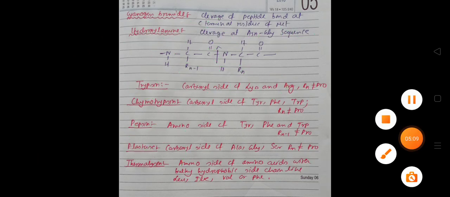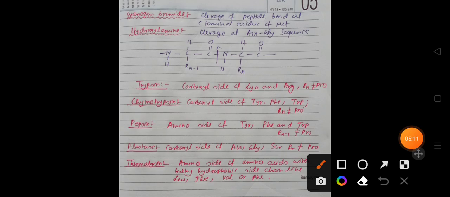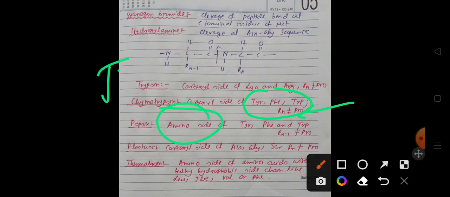Chymotrypsin similarly will cleave after the aromatic amino acids tyrosine, phenylalanine, and tryptophan, again provided that the next amino acid is not proline. Pepsin will cleave before tyrosine, phenylalanine, and tryptophan. So when we talk about the amino side, remember we are talking about that.